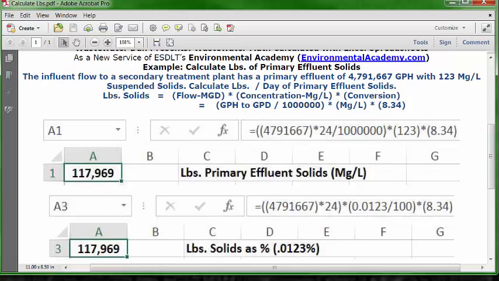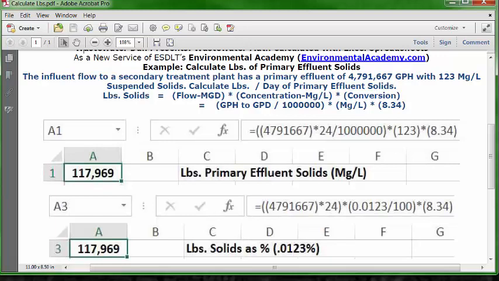You can put equal sign, 2 open parentheses, 4791667, close parentheses, multiplication key, 24, close parentheses, multiplication key, open parenthesis, 0.0123, division key, 100, close parenthesis, multiplication key, open parenthesis, 8.34, close parenthesis, and then press enter or the return key and you get the same answer.